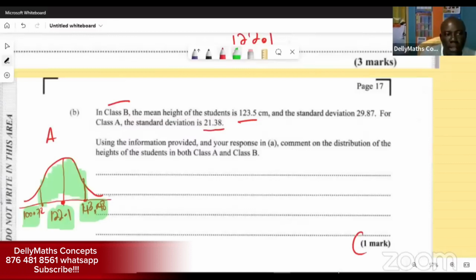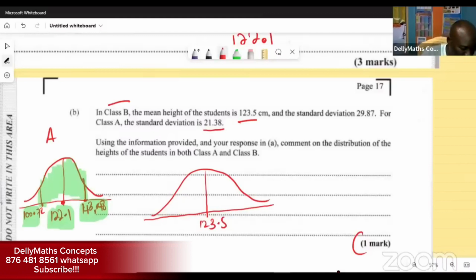Now, if I show you the other one, then I'm going to show you what you would have been required to say. This is just to explain to you, so you learn something. This is where the mean is, 123.5. If we add 29.87 to it, it will go all the way up to 153.37.